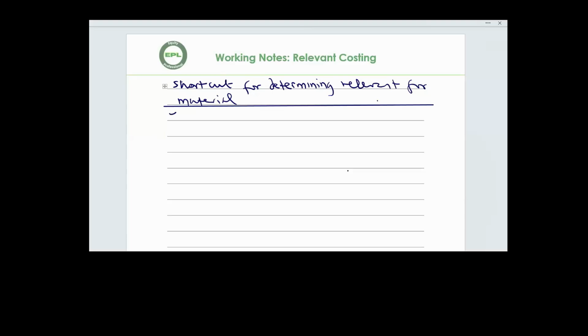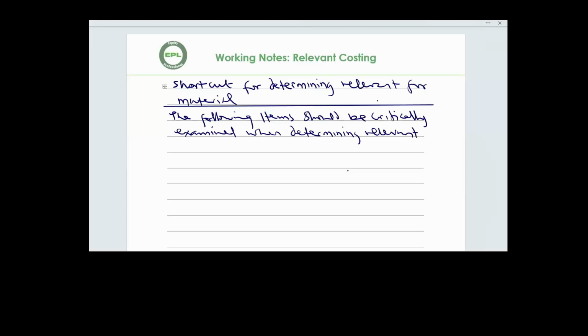The following items should be critically examined when determining relevant costs of material.